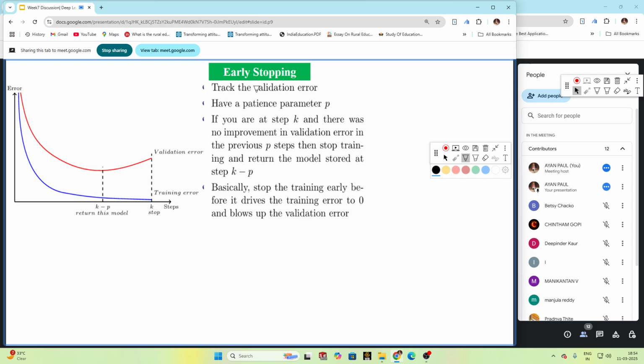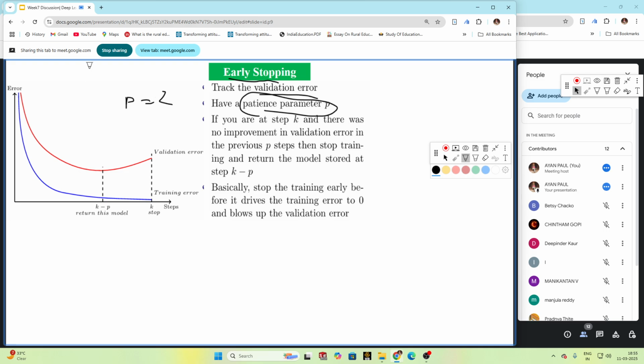Early stopping tracks the validation error or the test error. It has a parameter called the patience parameter. The patience parameter checks the validation error always, and if for that number of steps our validation error is not decreasing, it will stop the training at that point. Say our patience parameter is 2.